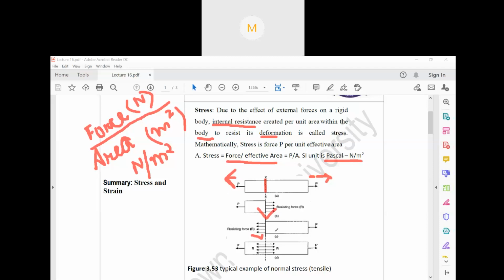So there will be two forces acting on two different sides.